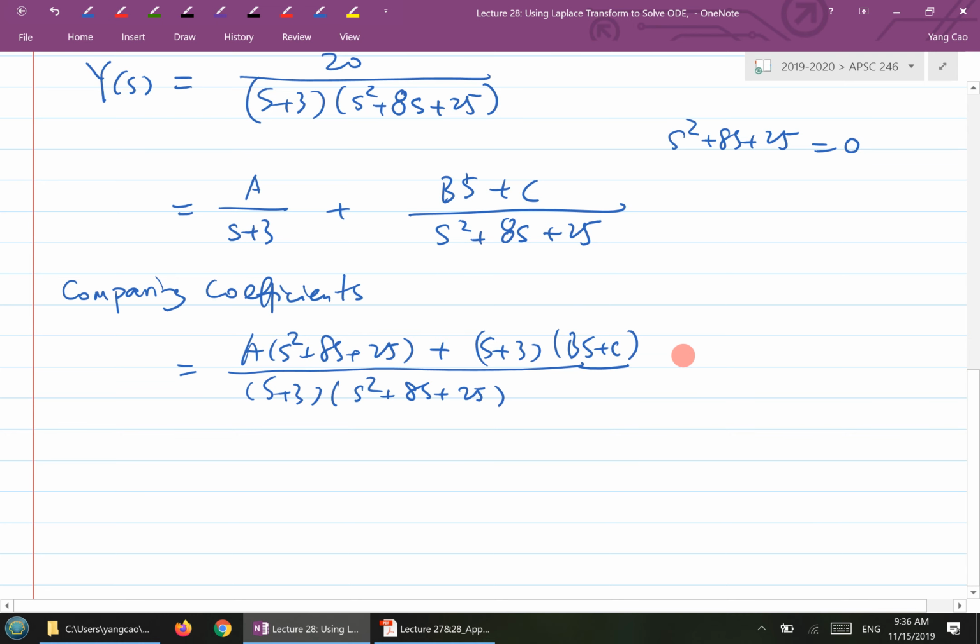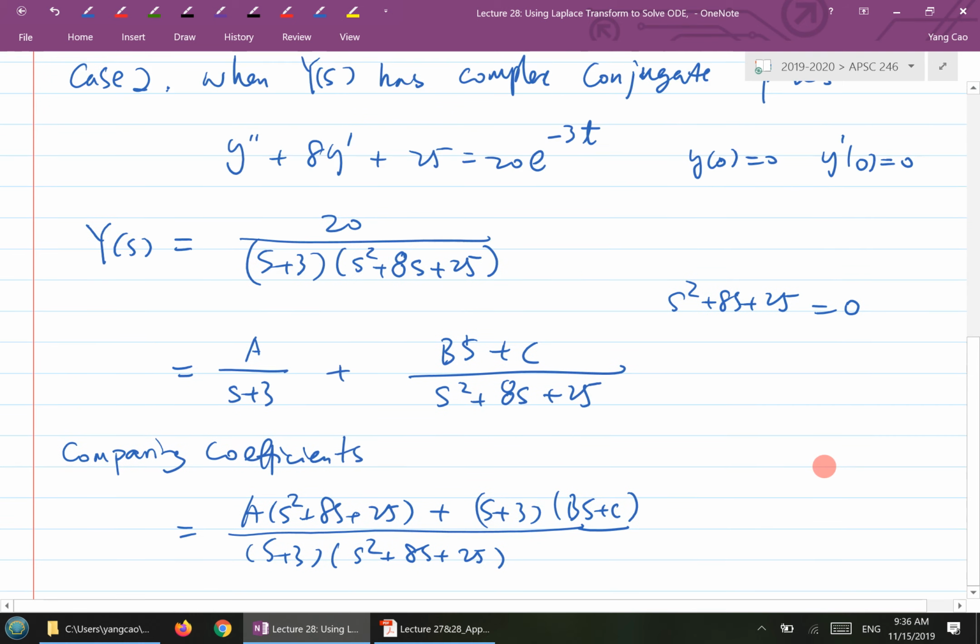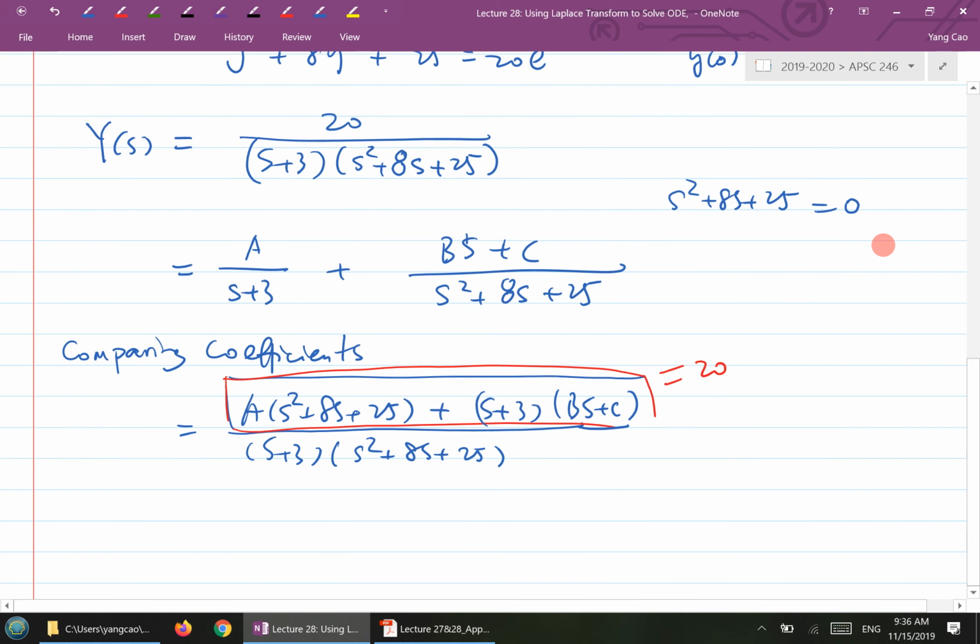Then compare coefficients with your original numerator, which is 20. So this whole term here should be 20.